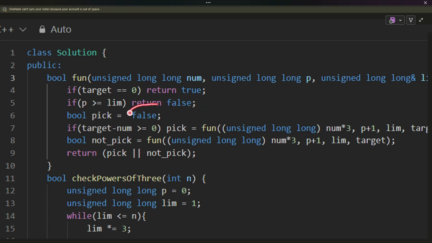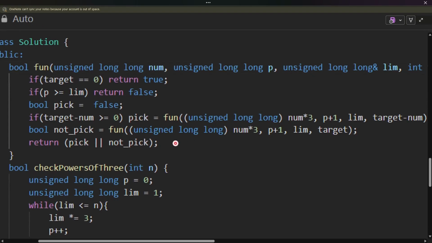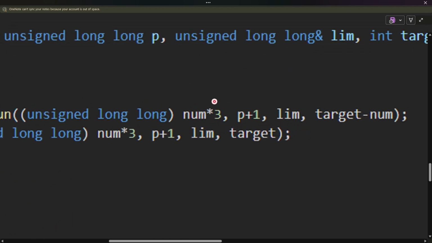We are taking this initially as false because we will only move further if this condition is true, to avoid negative elements, or if we want we can also handle it here after calling it, but we are handling it before. So this will get us the answer. We are multiplying by 3 every time and increasing the power.